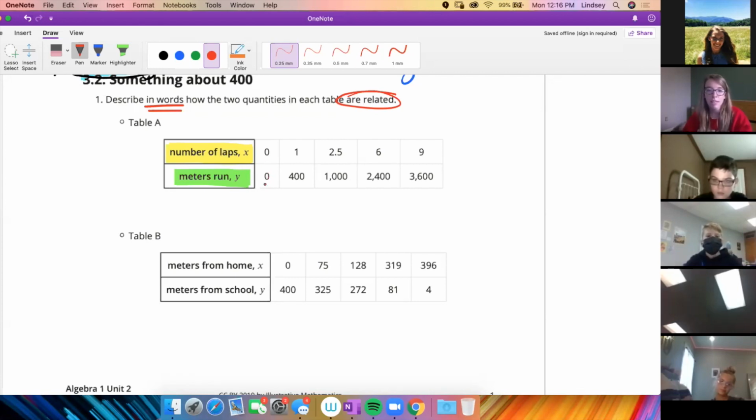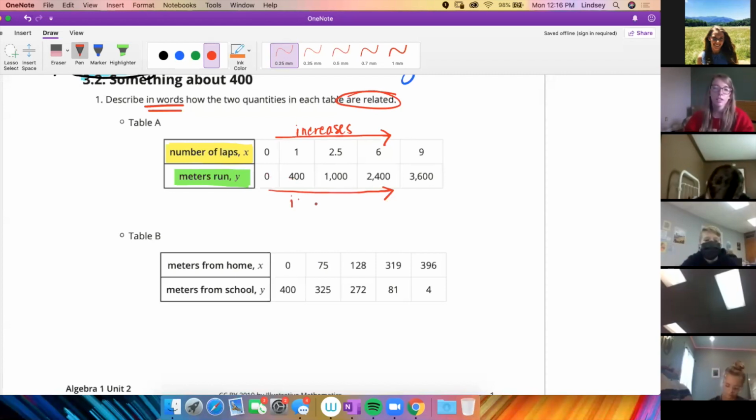Okay, so that makes sense. All right, so what happens the more laps I run around the track? What's happening to my meters? So my number of laps is increasing. What's that going to do to my meters? It's increasing.